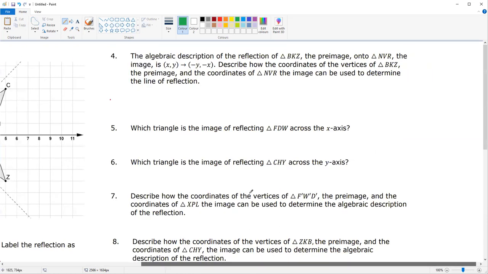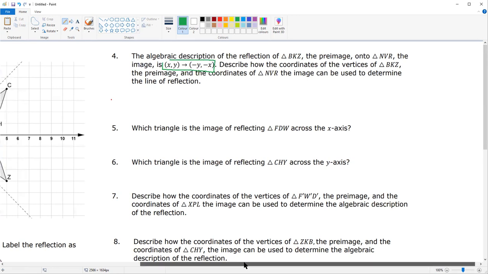The algebraic description of the reflection of BXZ, the pre-image, onto NVR, was -y, -x. Describe how the coordinates of BXZ, the pre-image, and NVR, the image, can be used to describe the reflection.